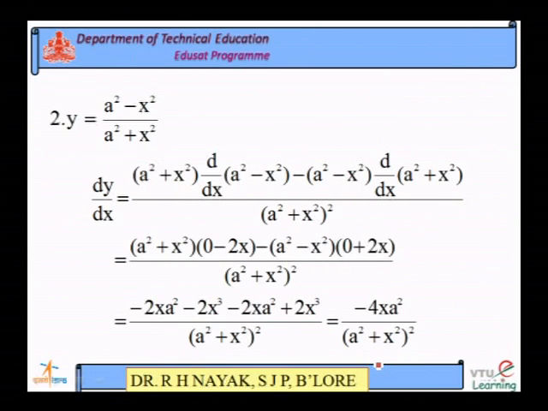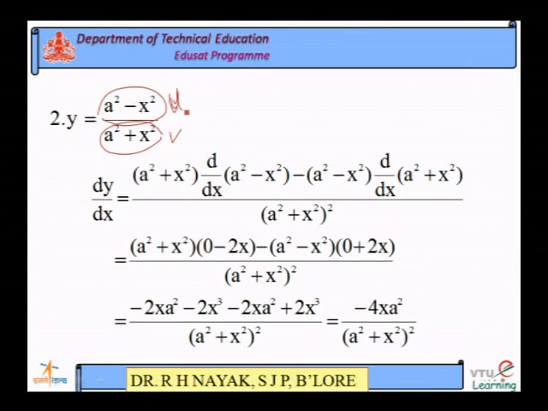See, y is equal to a square minus x square divided by a square plus x square. Whatever is given in the numerator is taken as u, and what is given in the denominator is taken as v. This is u, this is v.